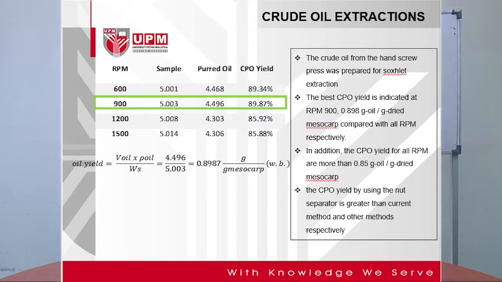In addition, the CPO yield for all RPM is more than 0.85 gram oil per gram dried mesocarp, in which all the CPO yield by using the nut separator is greater than the current method and other methods of improvement. The outlet from the hand screw press will be the crude oil and pressed mesocarp.